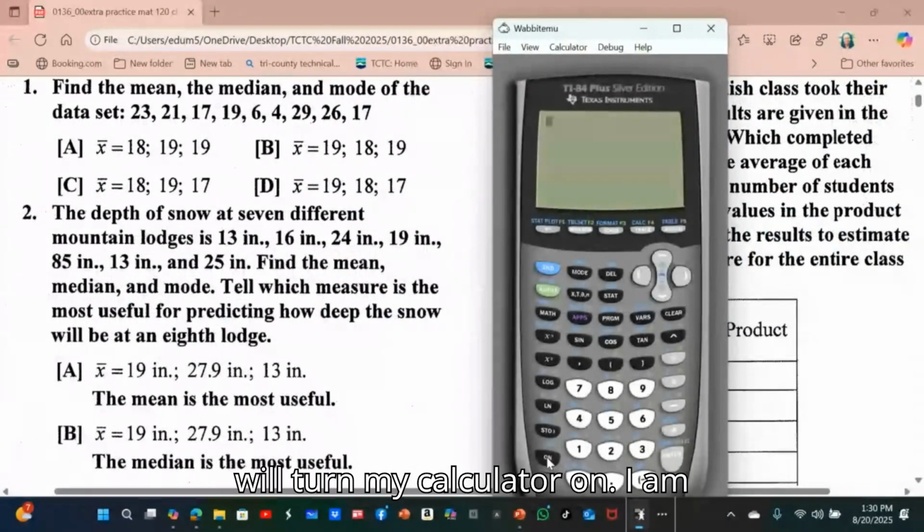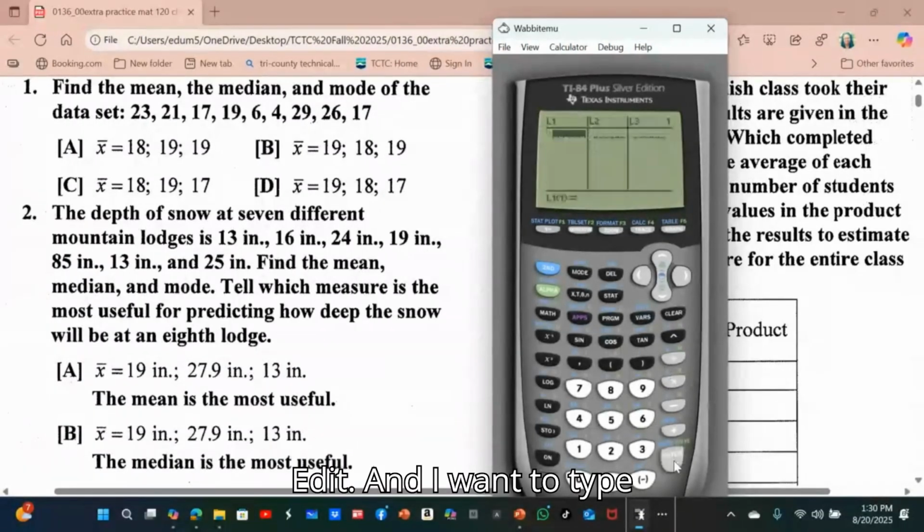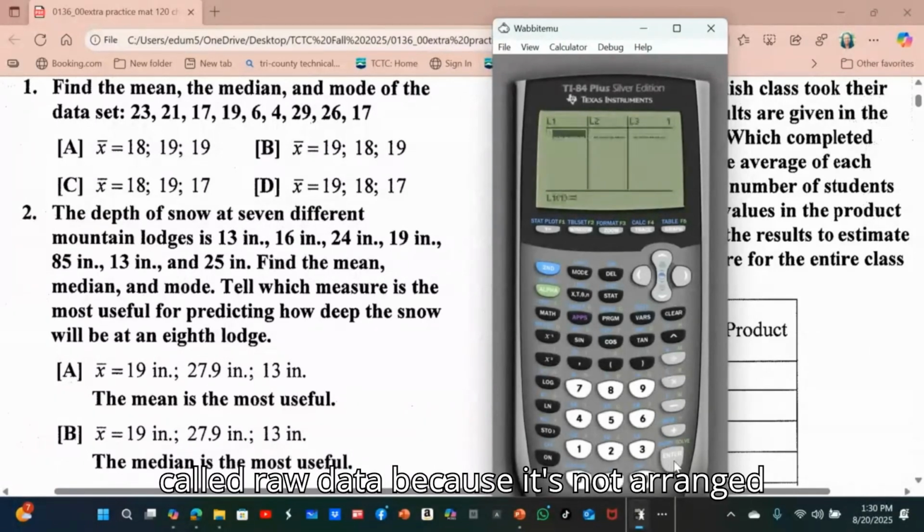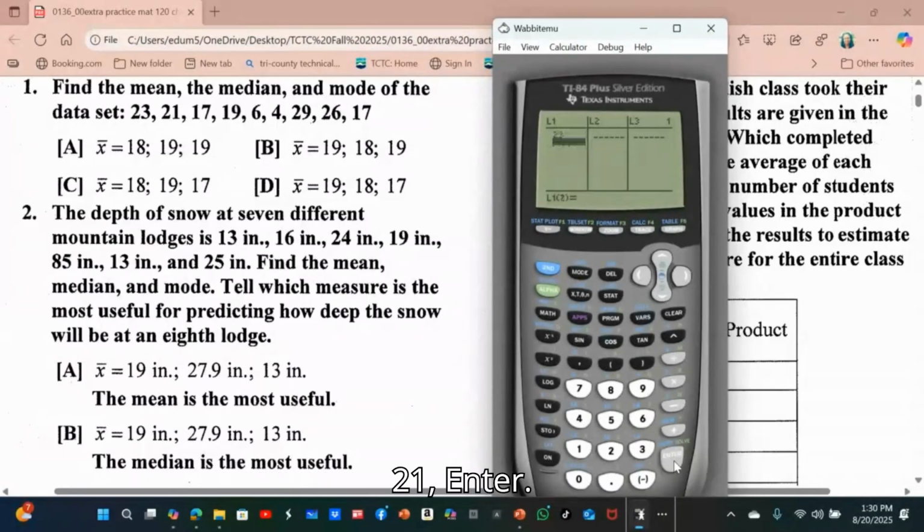I'll turn my calculator on. I am going to go to Stat, Edit, and I want to type in all the raw data. It is called raw data because it's not arranged in order. So I'm going to type in the raw data. 23, enter. 21, enter.